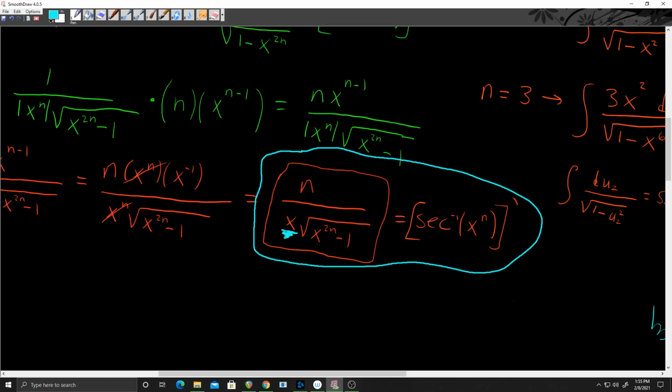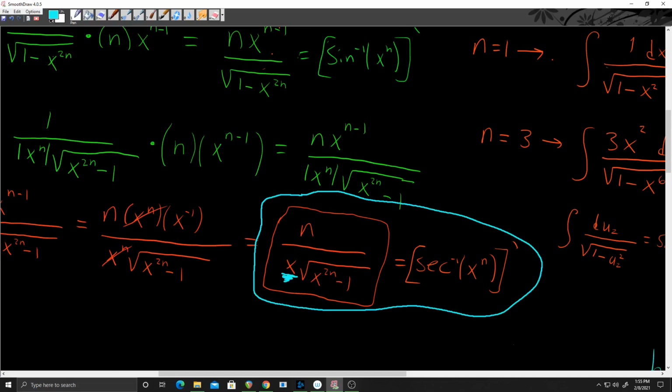So even if n was 10, we'll have x to the 20 minus 1 down here, and we'll still have this lone x, because we'll have x to the 10 minus 1, x to the 9 over x to the 10. And that will leave us with a lone x in the bottom.